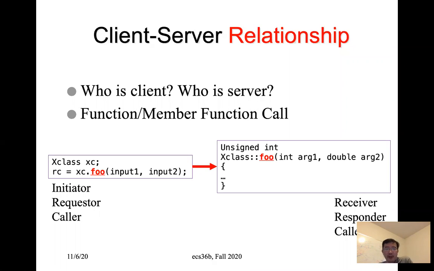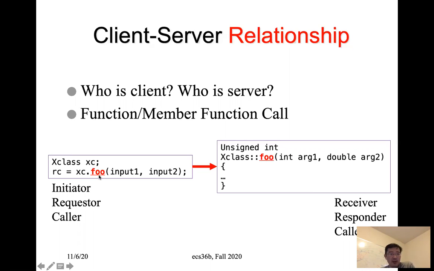So let me first talk about what is a client and what is a server, and I'm going to use a very simple example to illustrate that. First, let's talk about function call, or in C++ context, what we call the member function call. I write a very simple example here: we have a class called X class, and it has an object called xc, and a member function called foo.